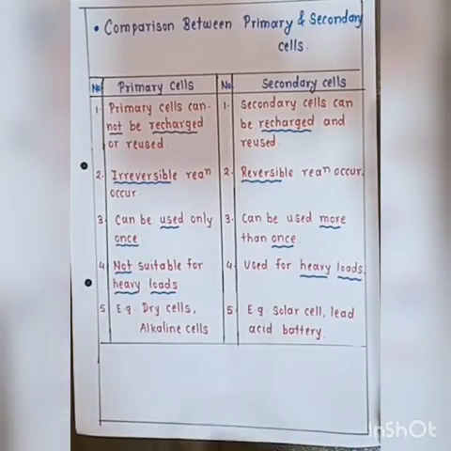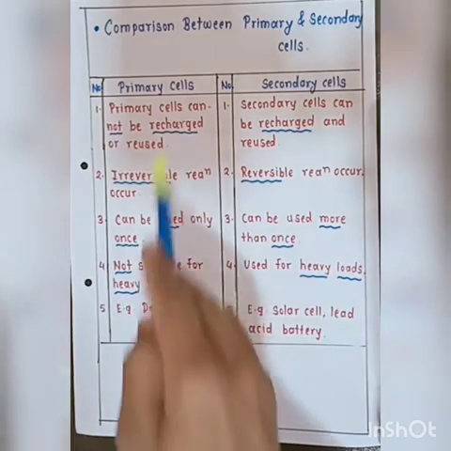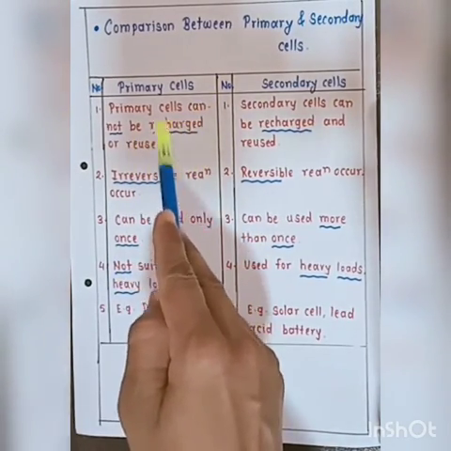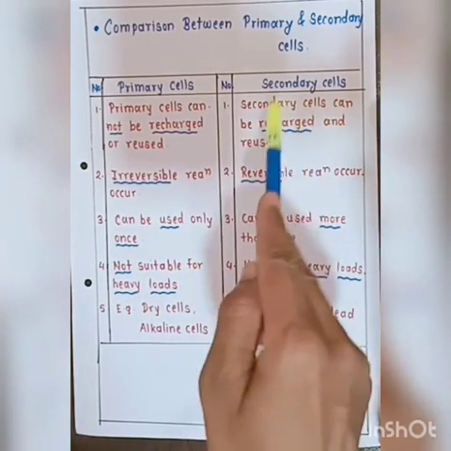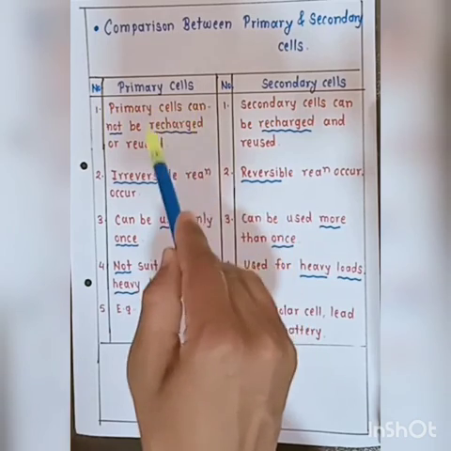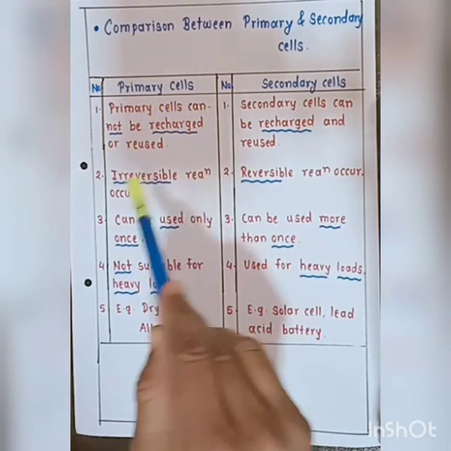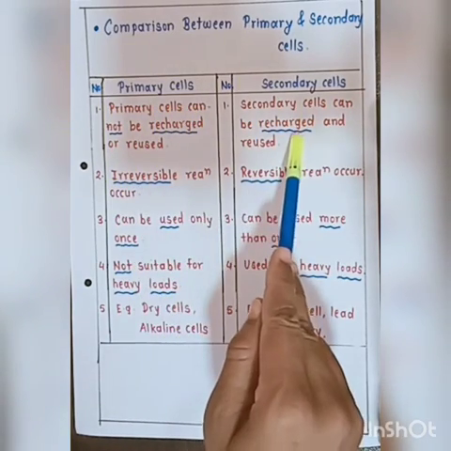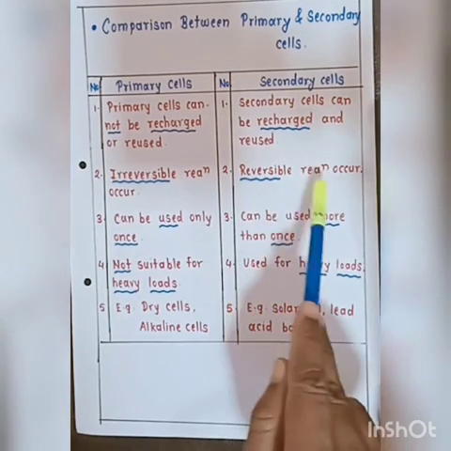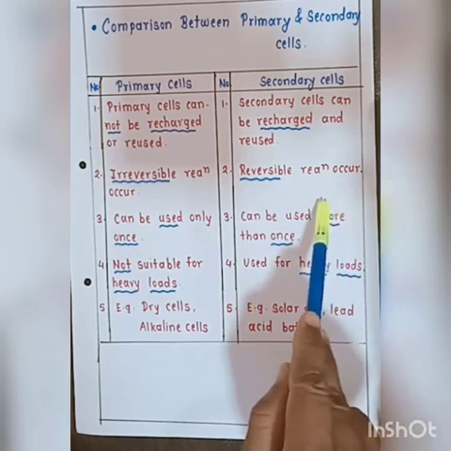Now the comparison between primary and secondary cells. Primary cells cannot be recharged and reused, while secondary cells can be recharged and reused. As primary cells cannot be recharged, an irreversible reaction occurs, whereas in secondary cells a reversible reaction occurs, that is charging and discharging.